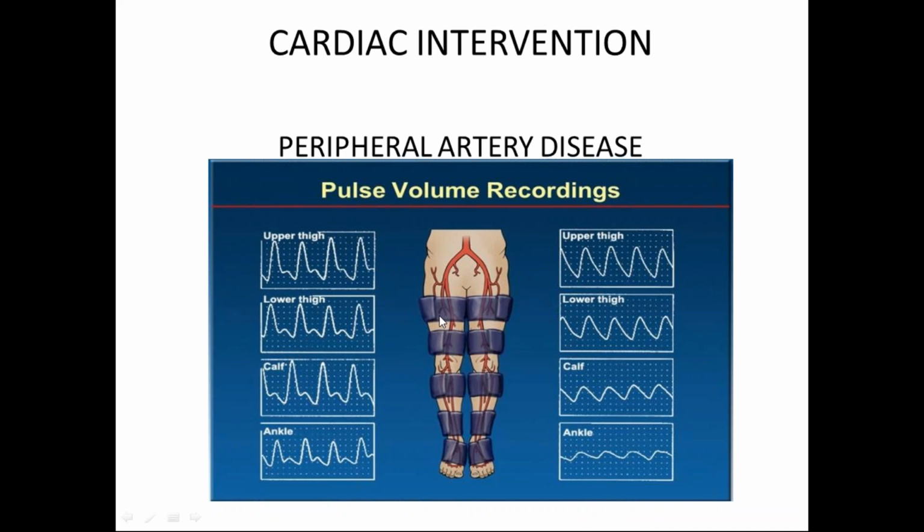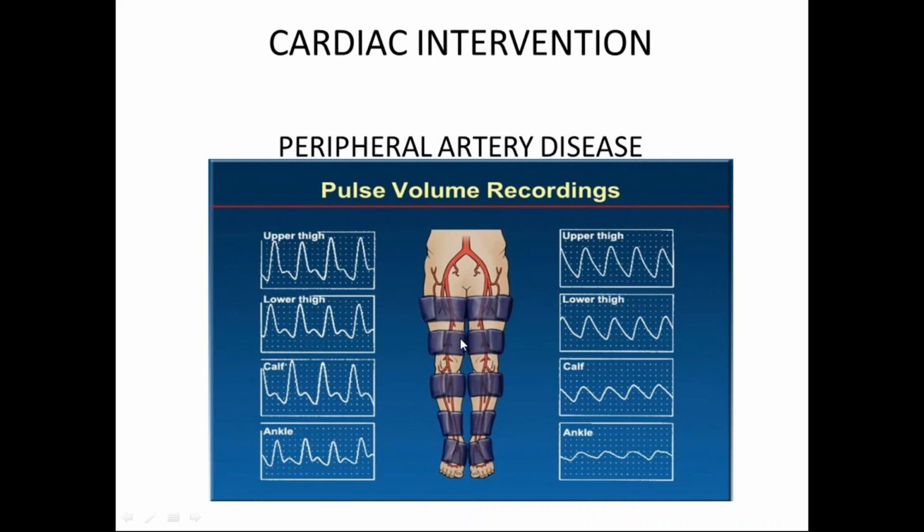So again, if the upper thigh is abnormal, then it suggests that there's an obstruction, probably from the aorta, common iliac, or external iliac. So anything above here, if it's abnormal.